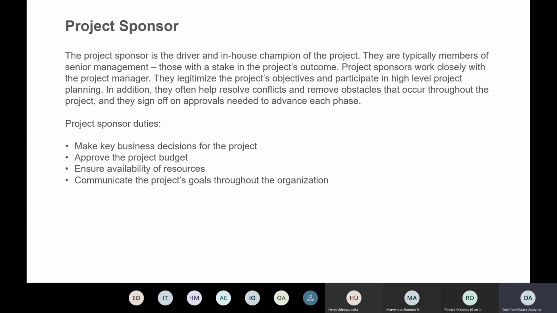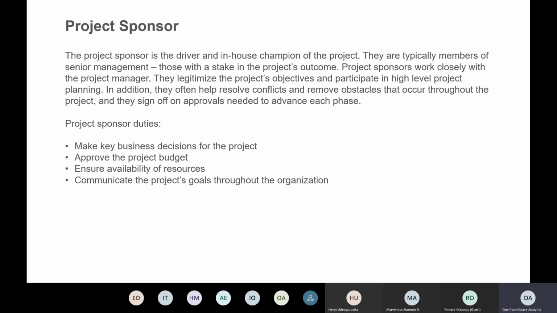Okay, so it is important that you also resolve conflicts. I mean, project sponsors also help to resolve conflicts and remove obstacles that might occur throughout the project, right? Because they are the ones paying, they are interested also in the project's outcome. So sometimes if you need to escalate on challenges that are happening within the project, then you may escalate to them. And the ball most times stops there, because once you escalate to them, they would most likely get it resolved.